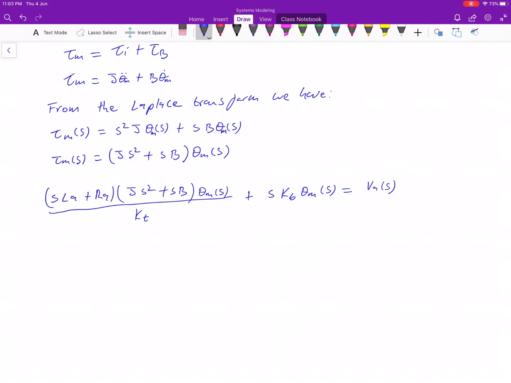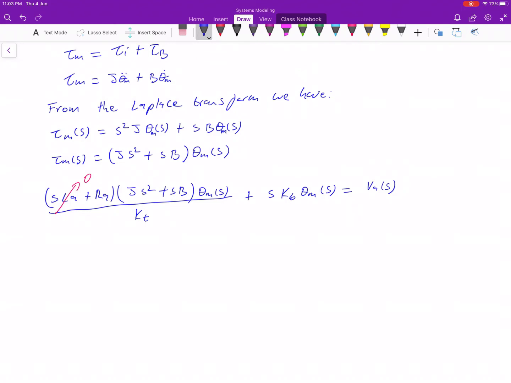Now, assuming that the armature inductance is very small compared to the armature resistance, we can assume that this is 0, because if it's very, very small, then it's negligible.